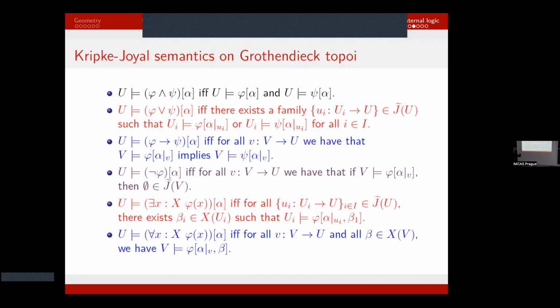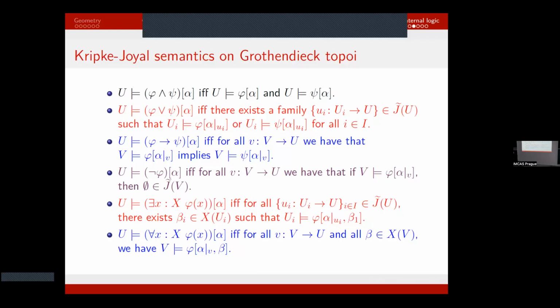So basically, whereas the and was just the evaluation at the set itself, the or becomes we want there to be a coverage where for each element the or condition is true. And the same happens for the existence. Also there must be a coverage such that there exists an element, but on the smaller bits.